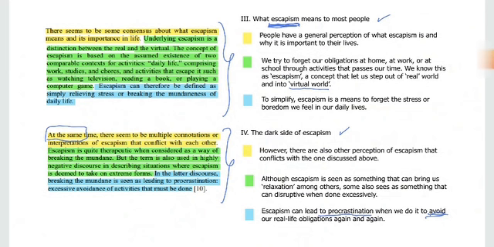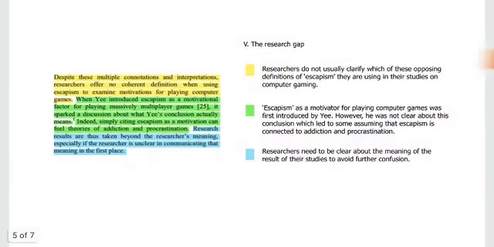But we also talk about the dark side of it. So escapism, and then escapism in computer games, and then benefits and drawbacks of escapism. So we became more detailed as you are progressing in your paragraphs.